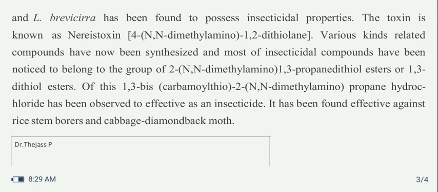Of these, 1,3-bis(carbamoylthio)-2-N,N-dimethylamino propane hydrochloride has been observed to be effective as an insecticide. It has been found effective against rice stem borers and cabbage diamondback moth.